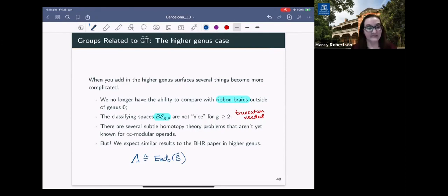Yes, I expect this to be true. And this I'm not so worried about. This is not really the super hard part. And then hopefully something very nice might happen where you have an action on some kind of completion of this thingy.